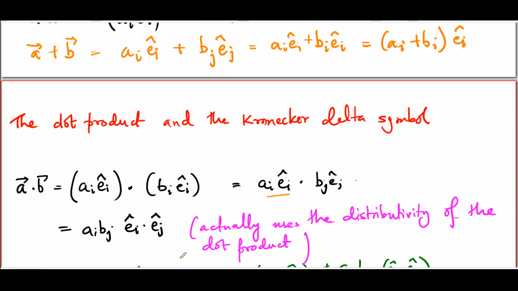So some very important properties of dot product, the fact that it distributes over addition, is actually being automatically implemented in this notation. The advantage of this summation convention is many of these things which would have needed at least a few sigma symbols and some thought becomes automatic in this.